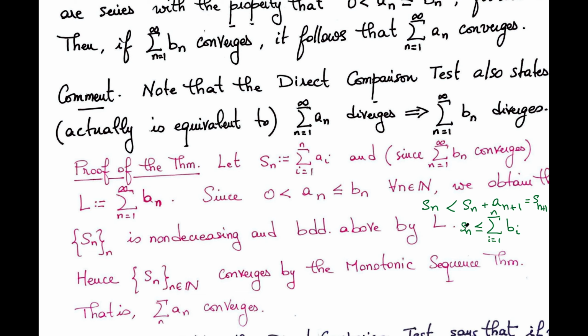Because every term in this nth partial sum of the series whose terms are An is dominated by Bn. So A1 is dominated by B1, A2 is dominated by B2, and so on.